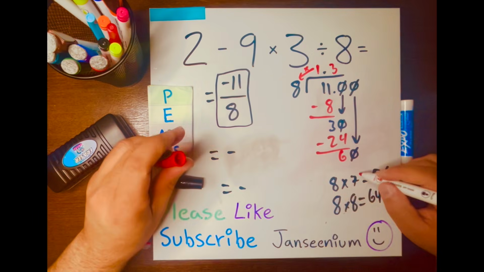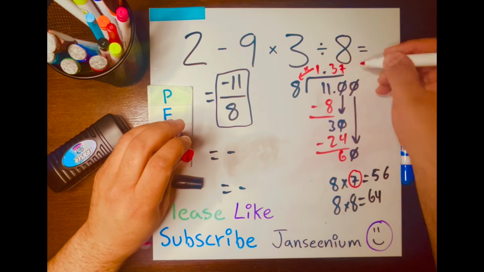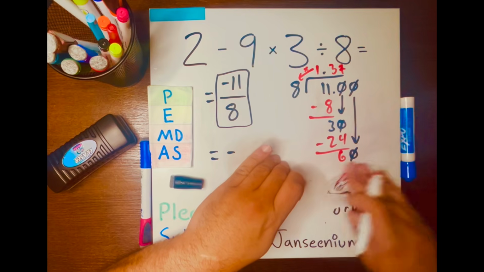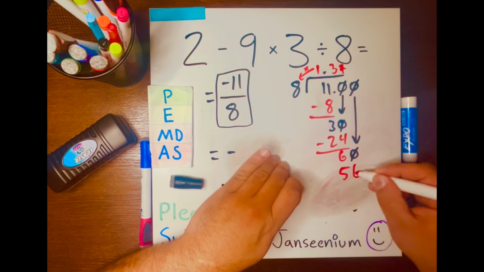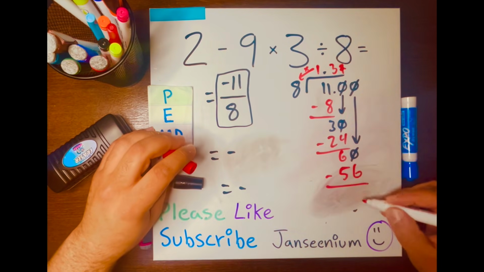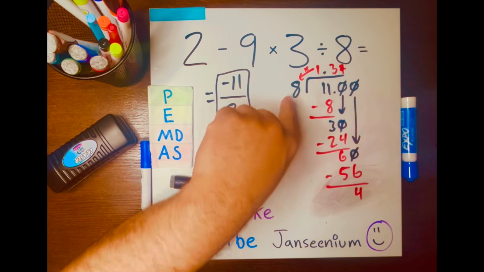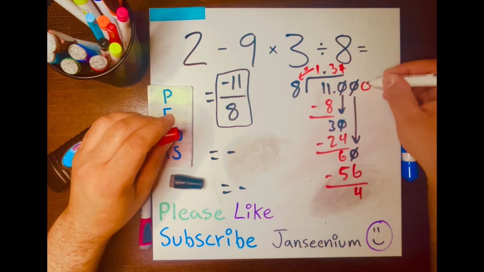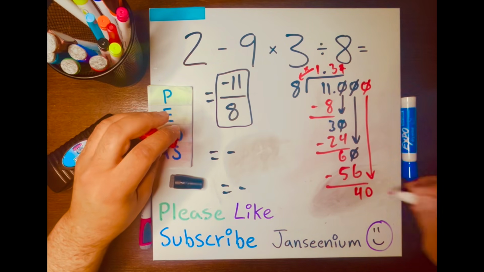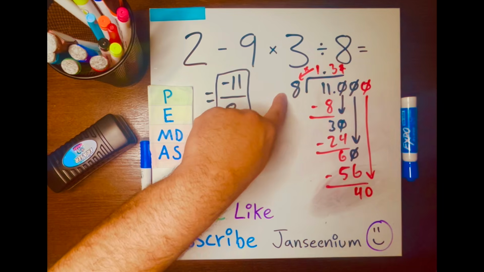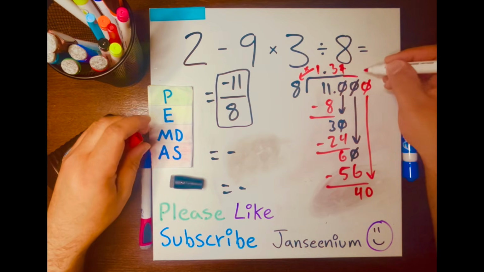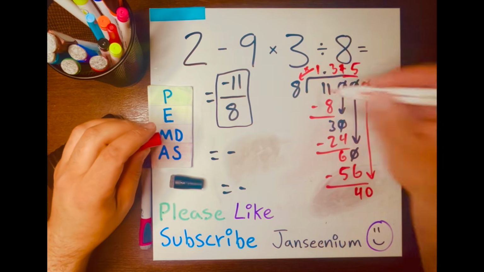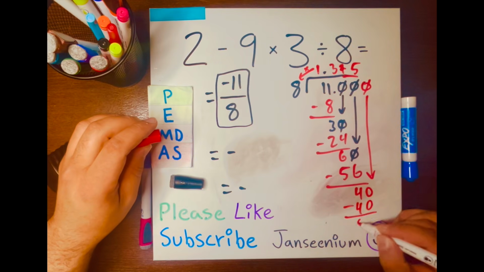And so we write this 7 up here. 7 times 8 is 56, and 60 minus 56 is 4. And how many times can 8 fit into 4? You cannot. So the 4 needs to borrow a 0. So the 4 becomes 40. And 8 can fit into 40. How many times? 5 times. 5 times 8 is 40, and 40 minus 40 is 0.